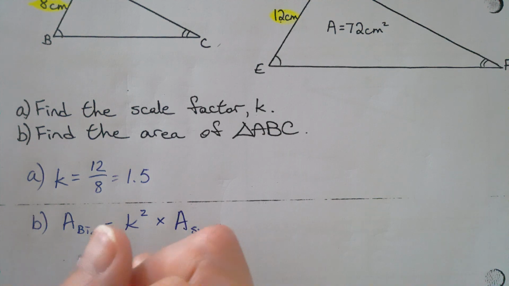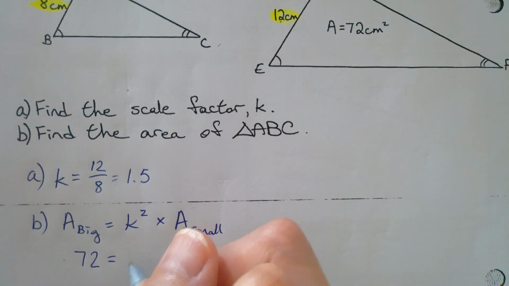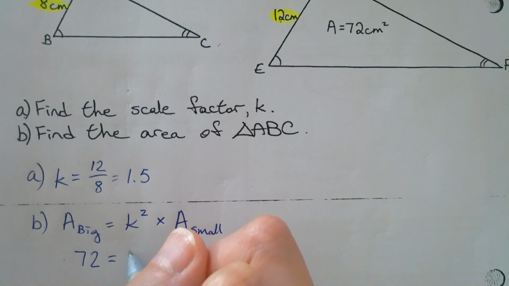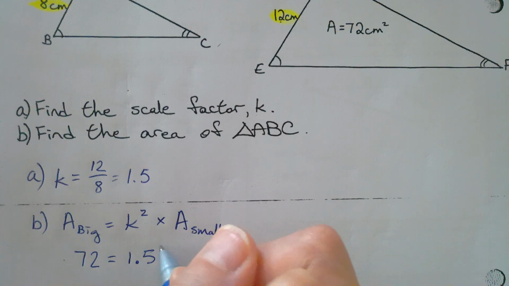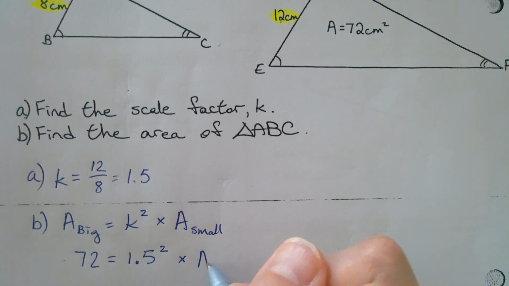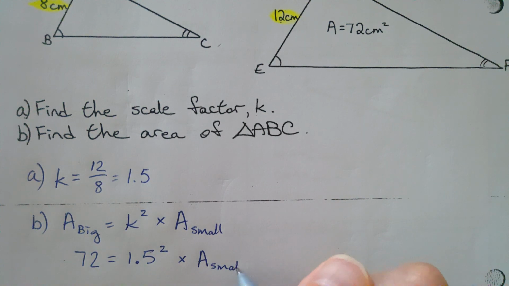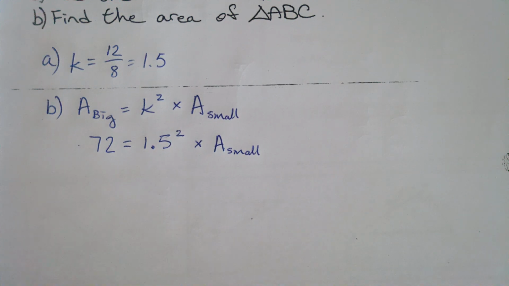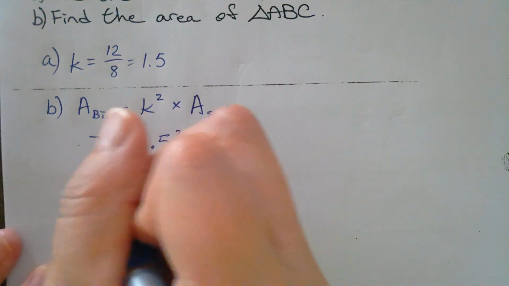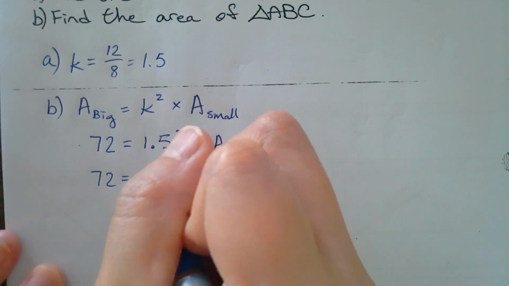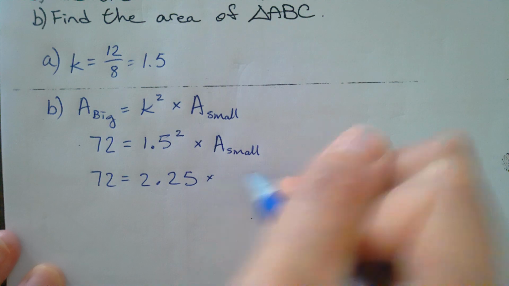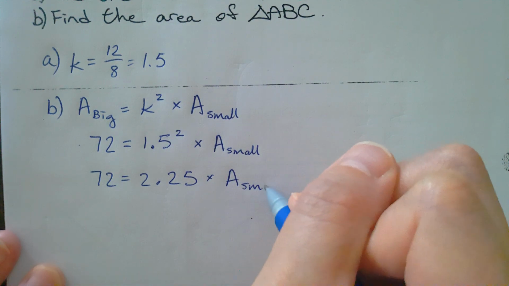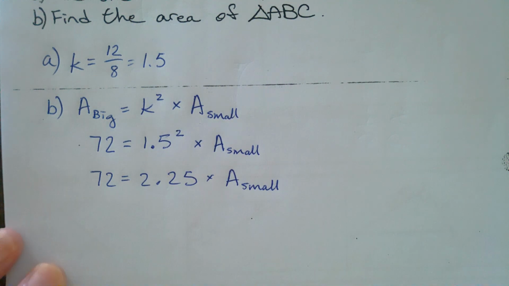William? And then k is? Square times area of the small. All right, 1.5 squared is 2.25. And then when you divide it, 72 divided by 2.25.